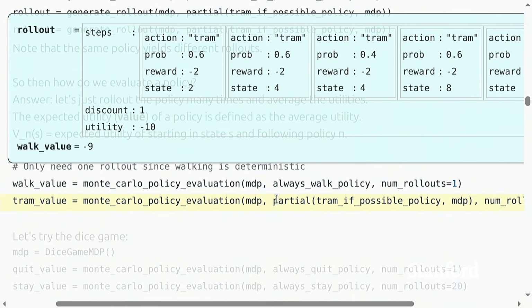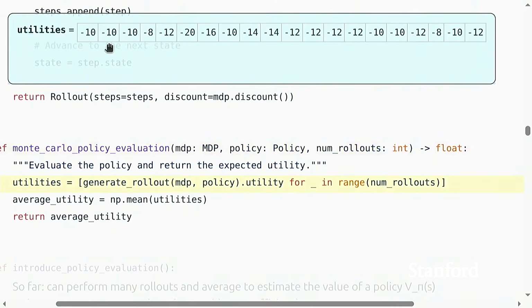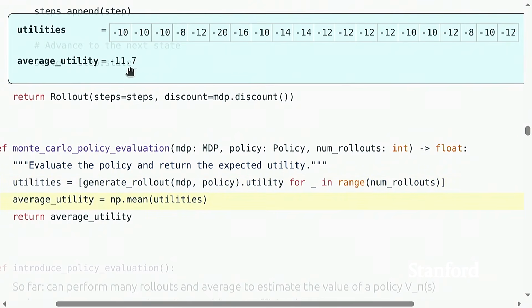Okay, so let's do this. I do a number of rollouts, and each time I get a different value. Those are the utilities for each of the rollouts. Then I average them, and I get minus 11.7. And if I increase the number of rollouts, eventually this will get more and more accurate.